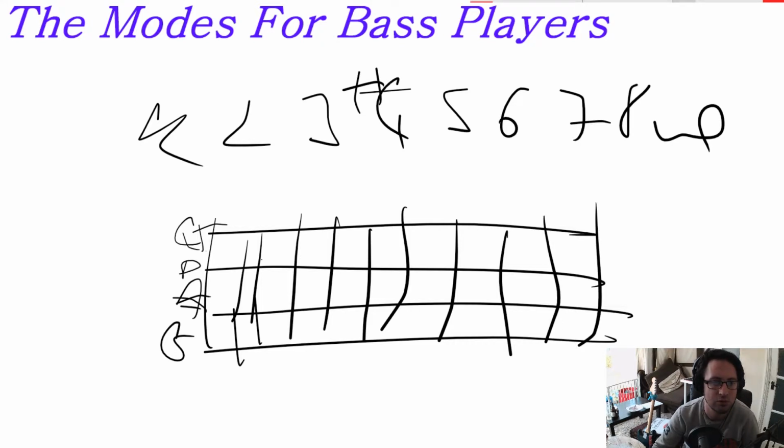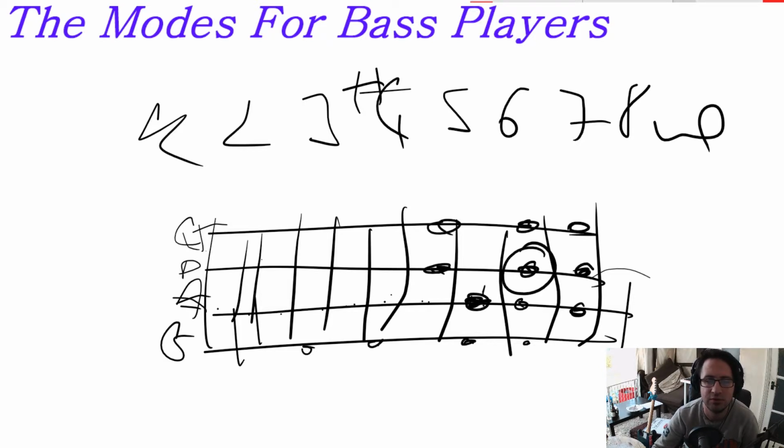So we go up to 1, 2, 3, 4, 5, 6, 7, 8. I believe that's right. G, A, B, C, so F. So we're there. 1, 2, 3, 4, 5, 6, 7, 8. I worked that out wrong. I missed out that fret there. Cool. So it starts there anyway, and the scale goes like this.